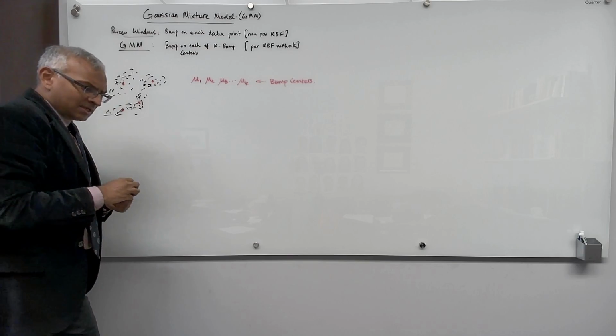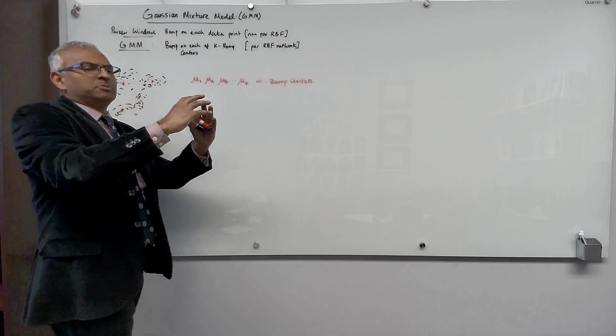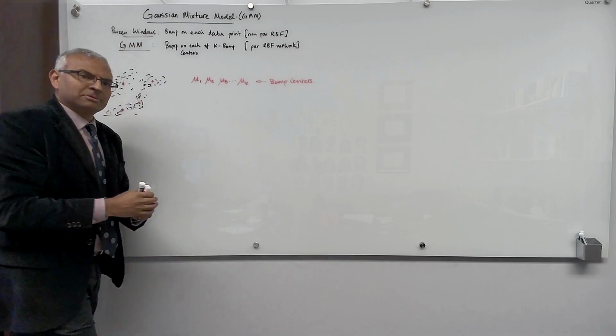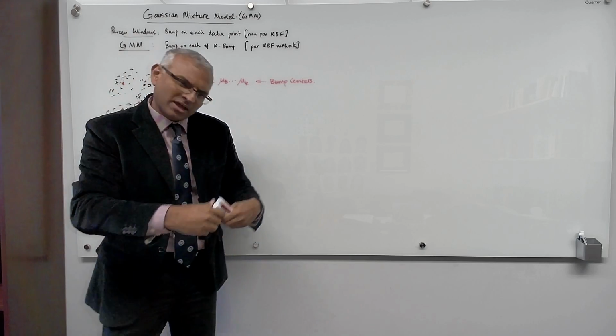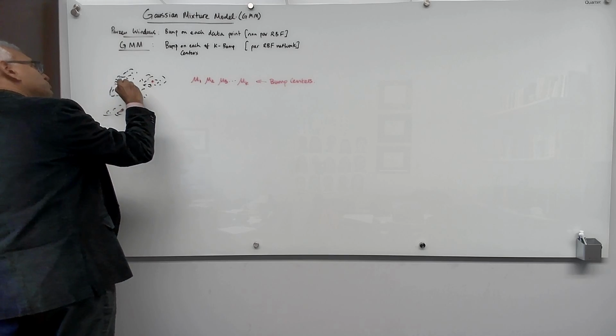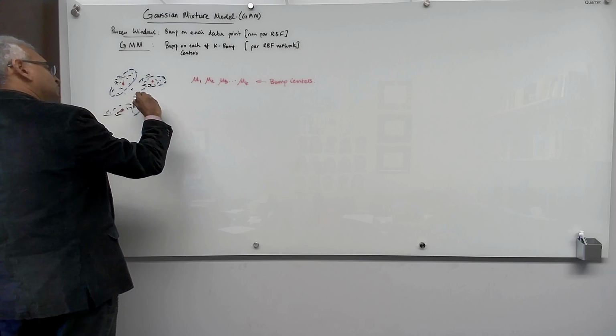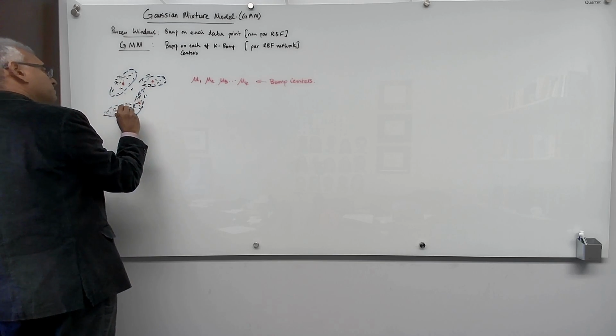Okay, and now these bumps each have a shape. Now spherical bumps would be spherical, or circles in 2 dimensions, but we are going to allow the bumps to have a more general shape. So for example, this bump might have this shape, and this bump might have that shape, and this bump might have this shape.